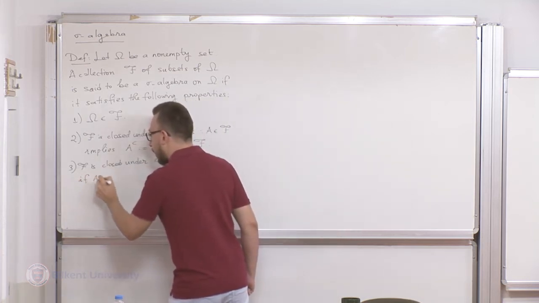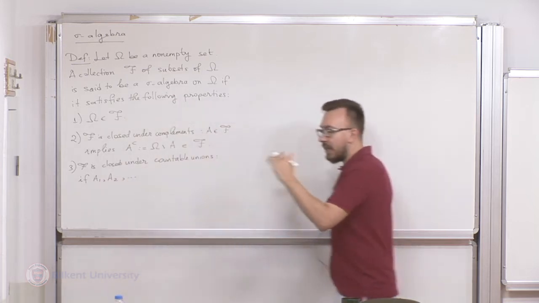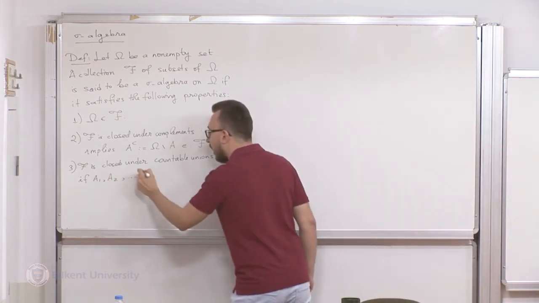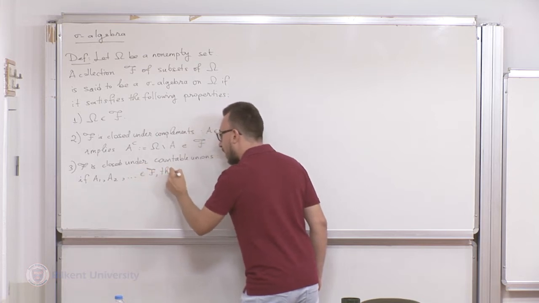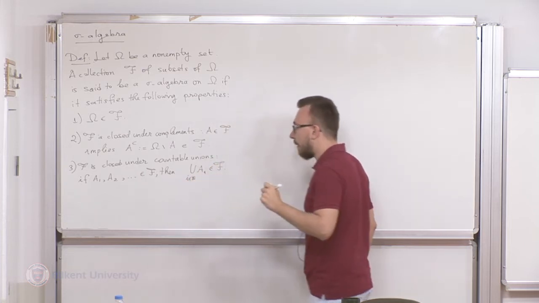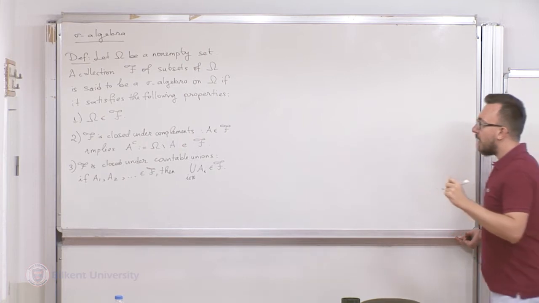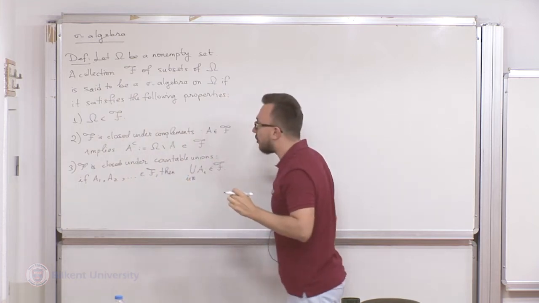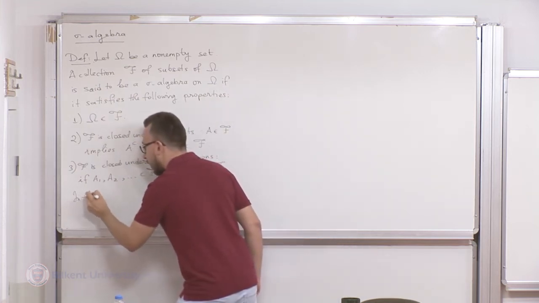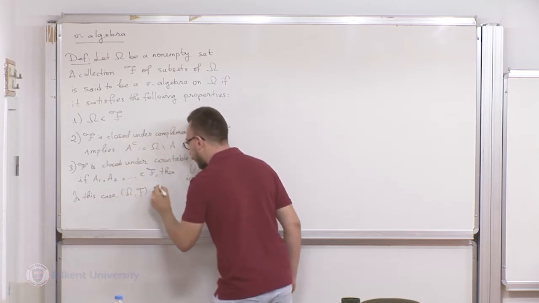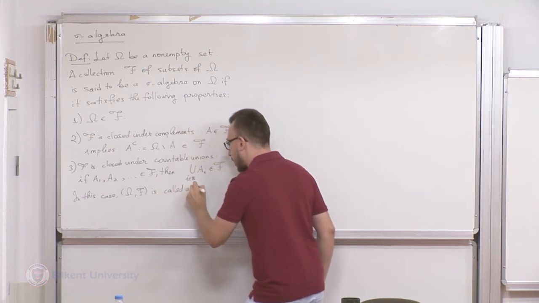If A1, A2, etc., meaning that I have countably infinitely many sets, A1, A2, A3, etc., indexed by naturals, are in F, then their union is in F. Their union is in F. And in this case, the pair omega, F is called a measurable space.